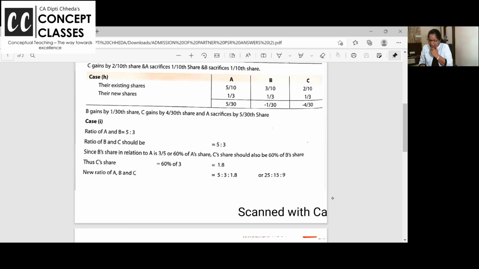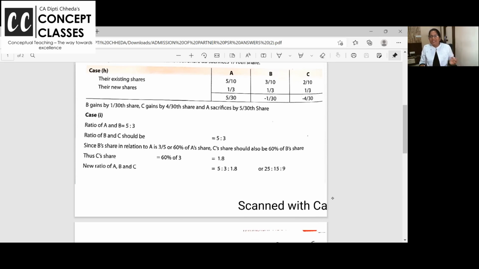Once you get 1/8, 5:3. 60% of 5, or 3/5. 60% of 3/5 is 1.8. Once you get this multiplied properly, you will get the same answer.